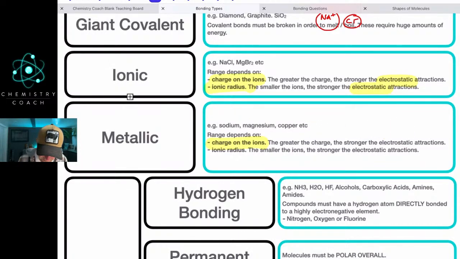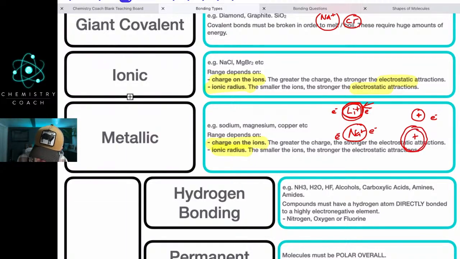The other thing again is ionic radius, okay? So if you've got, for example, Li plus metal surrounded by delocalized electrons, and Na plus metal surrounded by delocalized electrons, this is smaller. So it's going to have a higher melting point because there's less distance between the positive nucleus and the delocalized electrons compared to sodium that's got a greater distance and more shielding between the positive nucleus and the outer electrons.